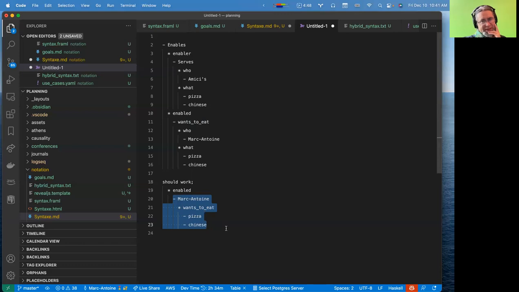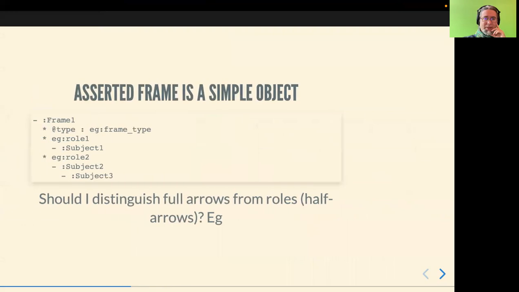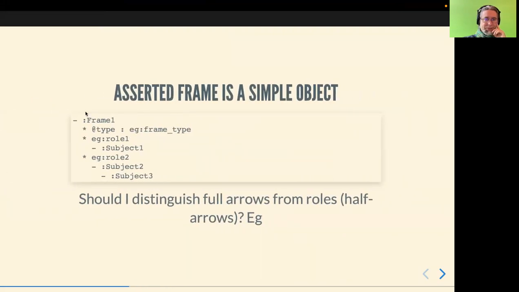And so maybe I need something to, and that's why I was very uneasy to allow binary predicate at all. But obviously everybody wants binary predicate because they're convenient. But I probably need to distinguish the binary predicate, which is a special case, from the frame. Because the frame is really the important case, right? It's when you have, this is a frame.